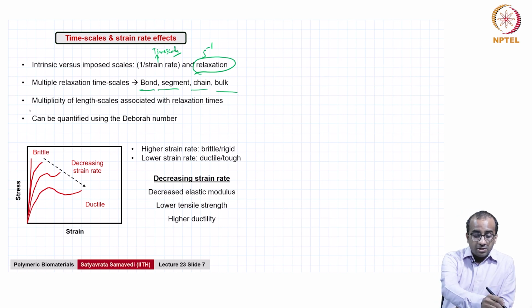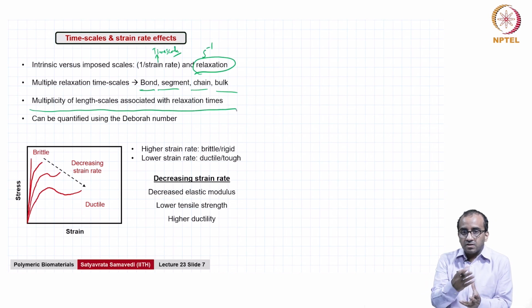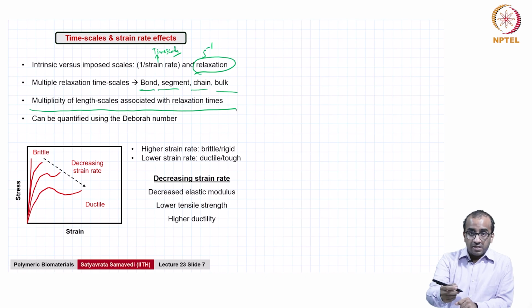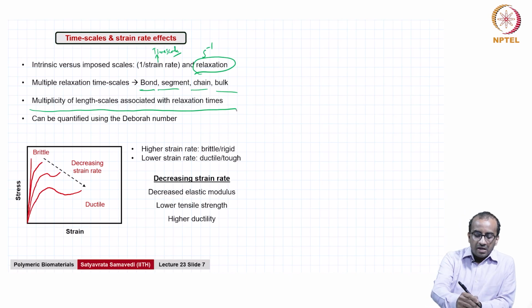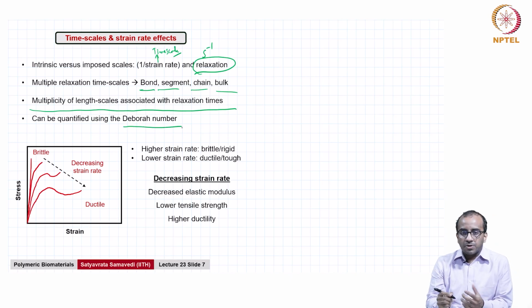Now, depending on what the time scale associated with your strain rate is, that has to be contextualized against the different relaxation time scales noted in the polymer. And because you are dealing with two time scales, as an engineer, naturally you can think of a non-dimensional number that can give you some idea about relaxation, etc. And in this case, it happens to be the Deborah number.